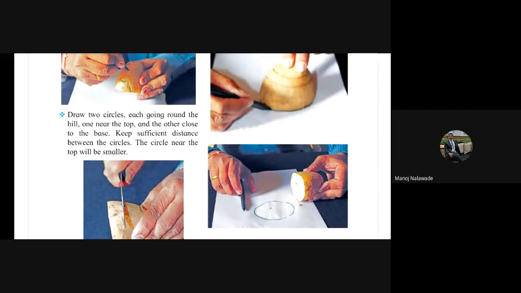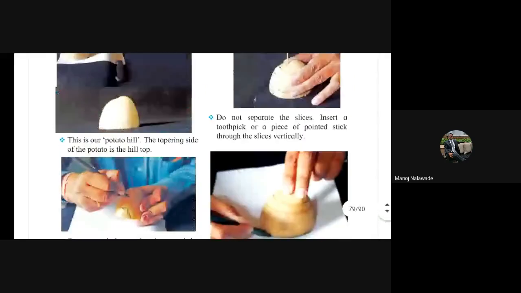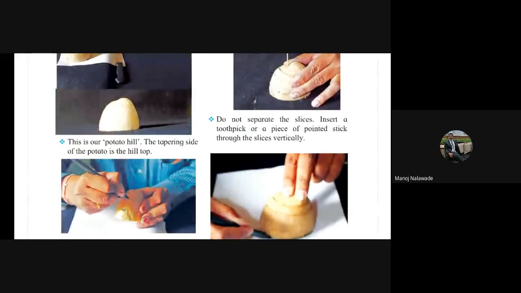When you keep that potato on the paper, it will look like a small hill, and there will be a hilltop on it. So you have to make two circles, one near the top and one near the base.